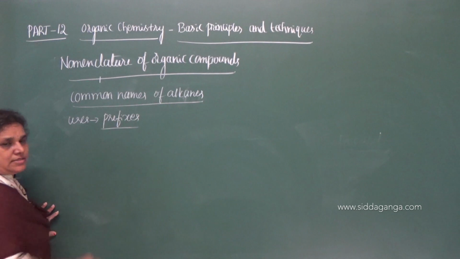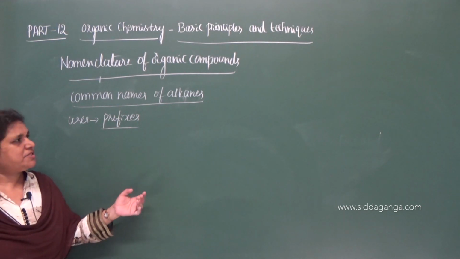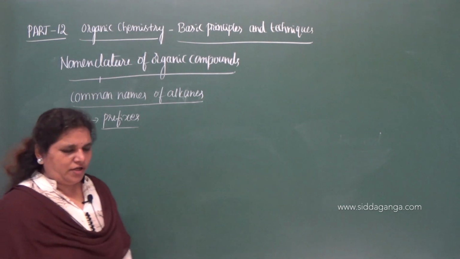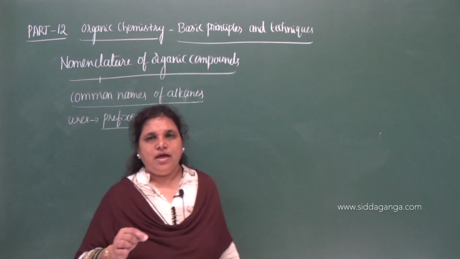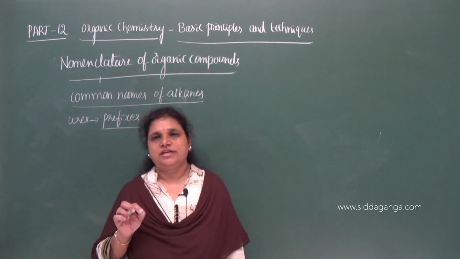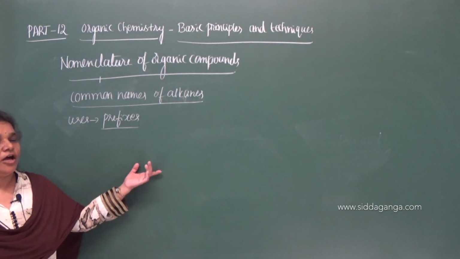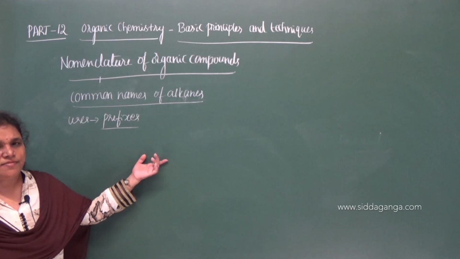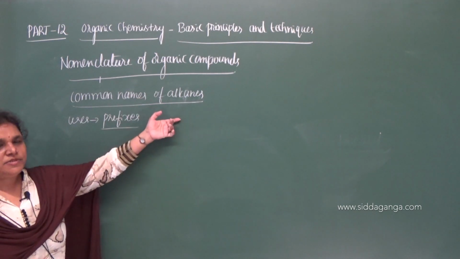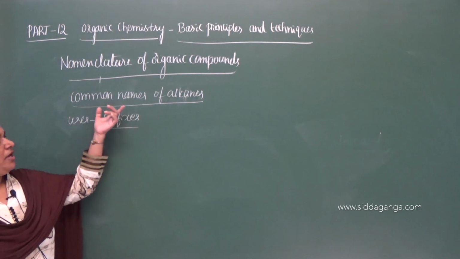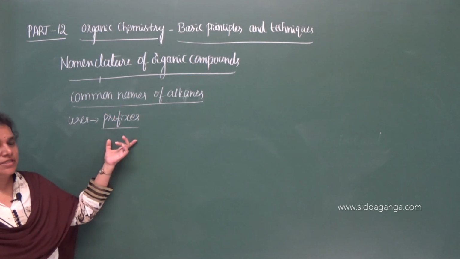If we want to use these prefixes, the minimum number of carbon atoms required is 4. For alkanes containing 4 or more carbon atoms, in their common names we use some prefixes.